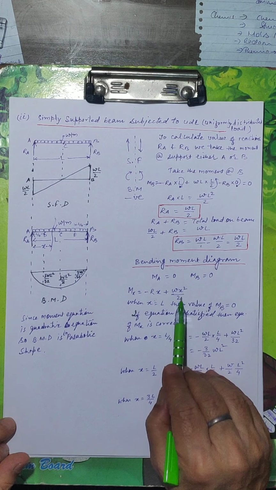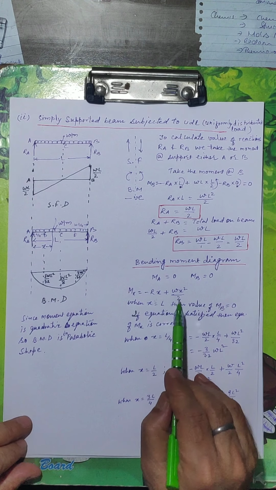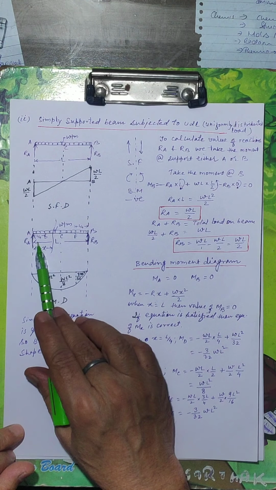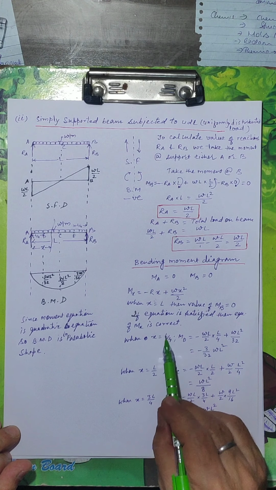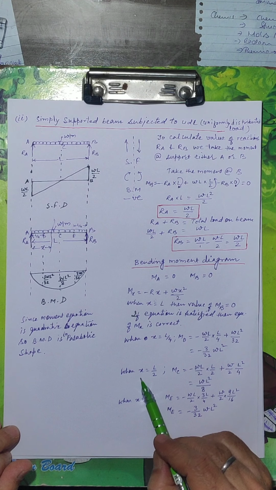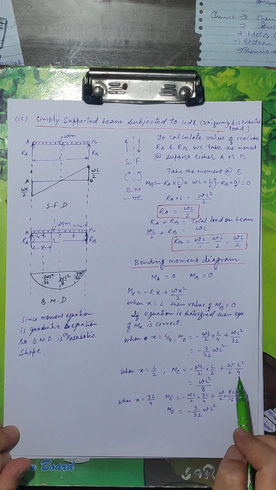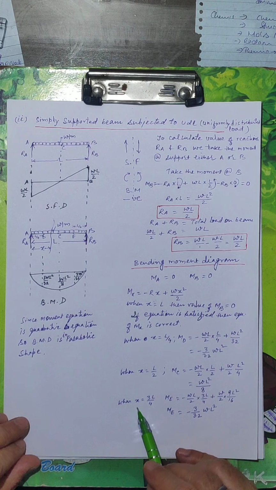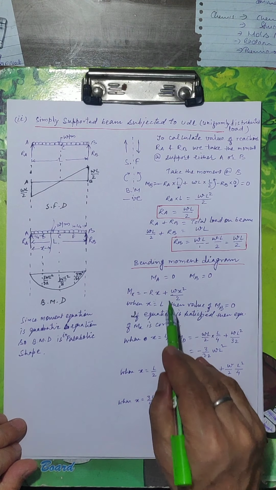And by this equation, putting different values of x, we get the different values of moment. If x is equal to L/4, we get MD. When we put the value of x as L/2, we get MC, moment at C. And when we put the value of x as 3L/4, we get ME.